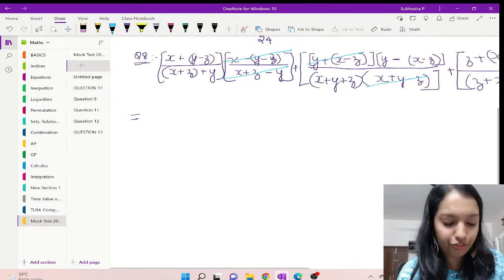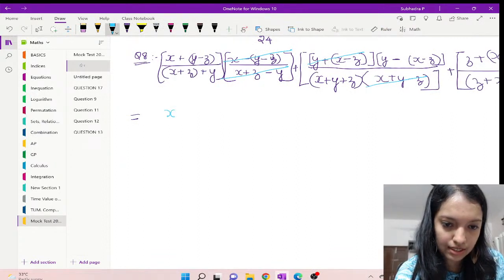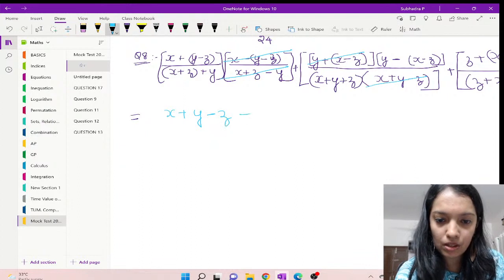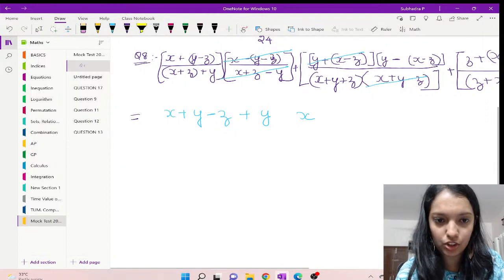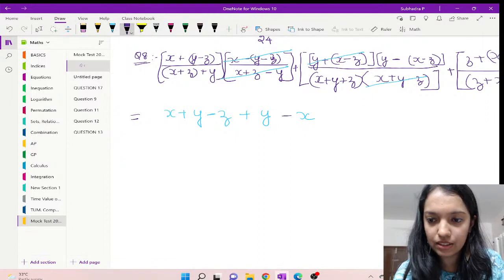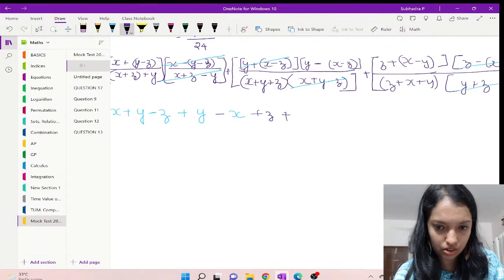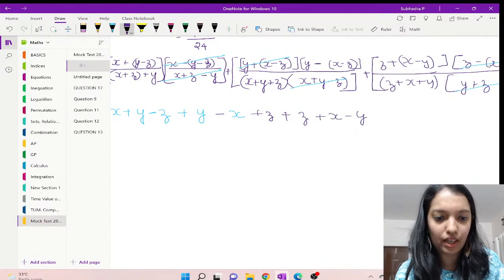So what I am left with in the numerator is x plus y minus z plus y minus x plus z plus z plus x minus y.